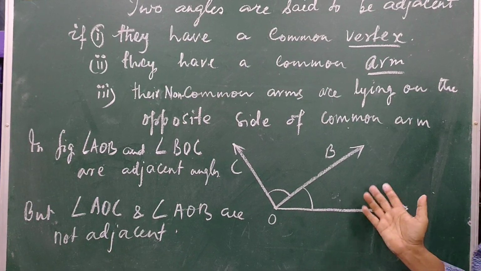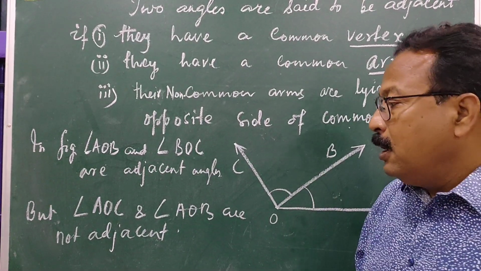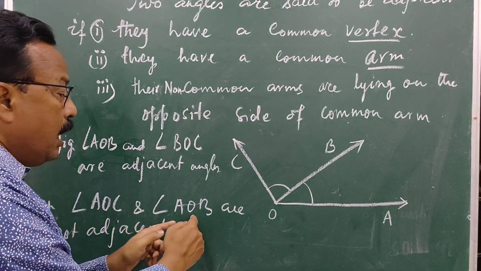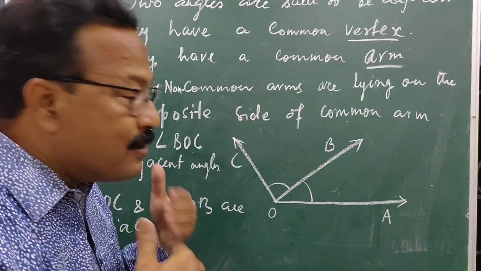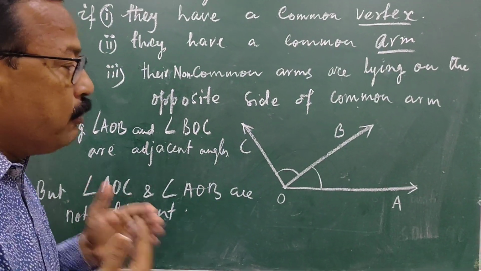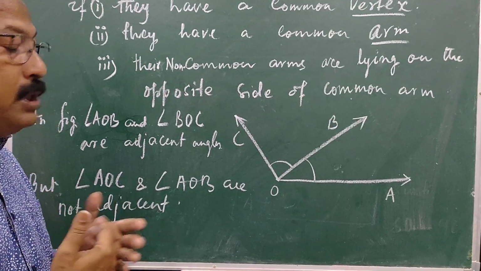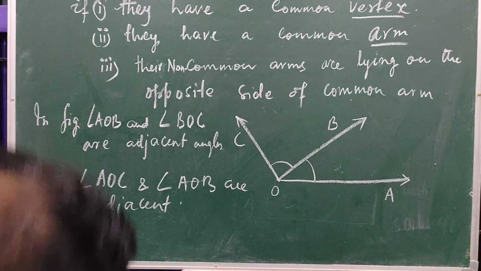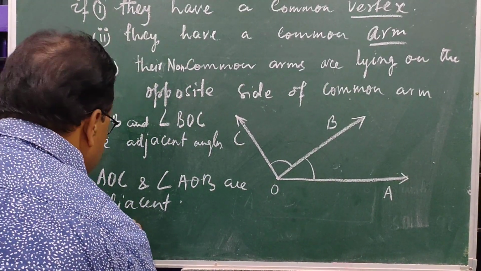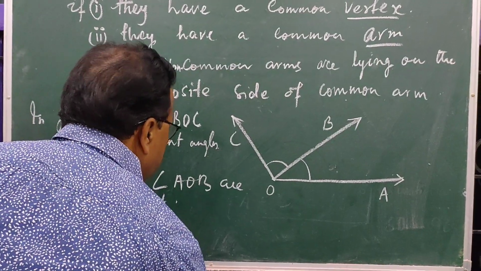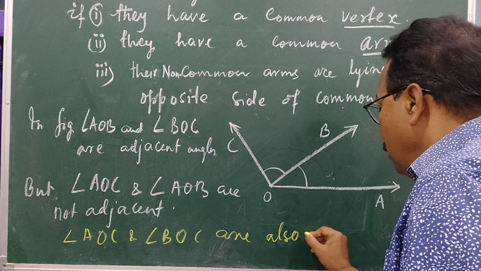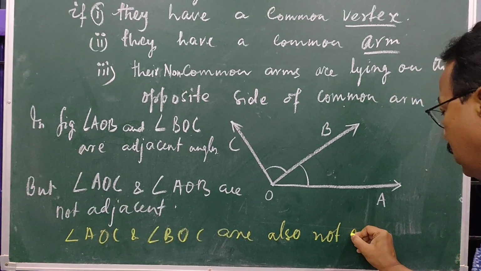Hence, these two angles are not adjacent. In a similar way, angle BOC and angle AOC are also not adjacent angles.